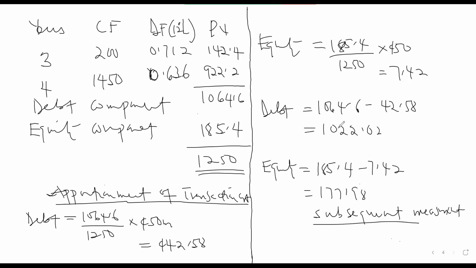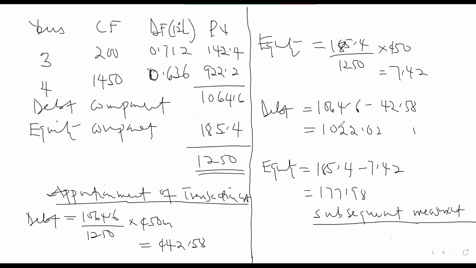So the recognition of this in your books will be like this. The first one is you are going to debit your cash with the 1250. Since you are going to pay the transaction cost also, the cash will now be 1,200.